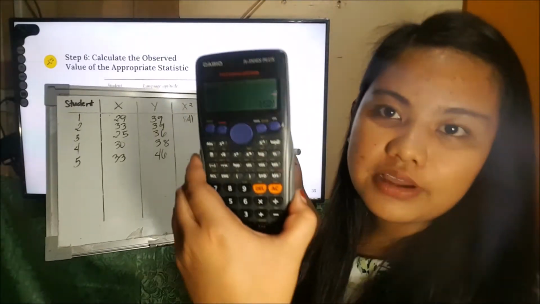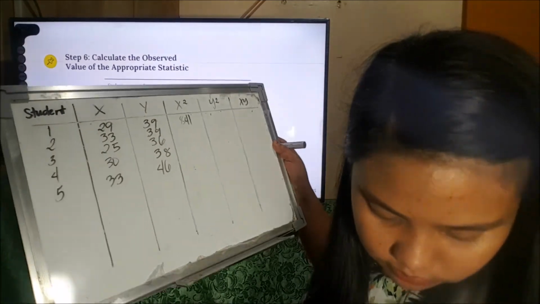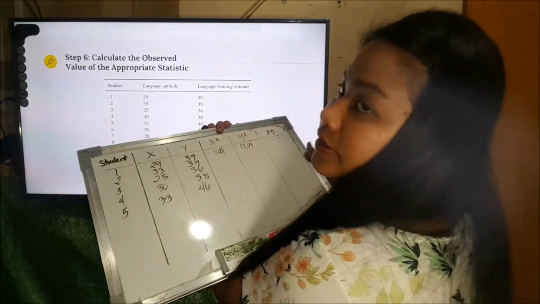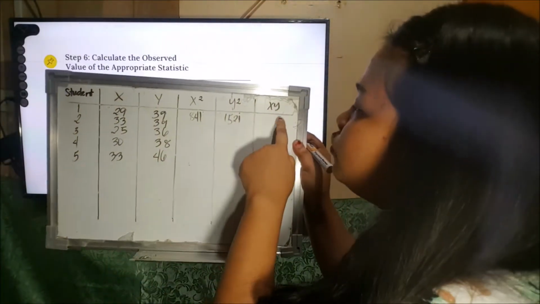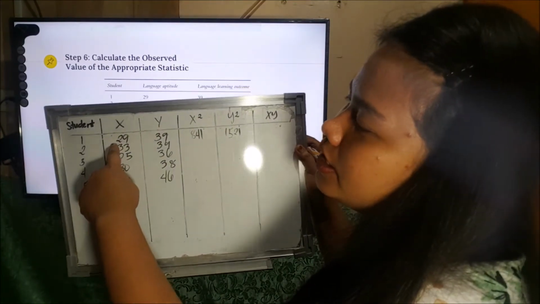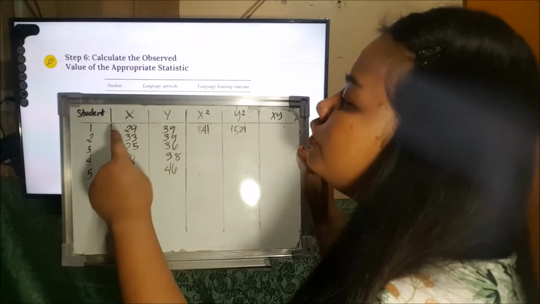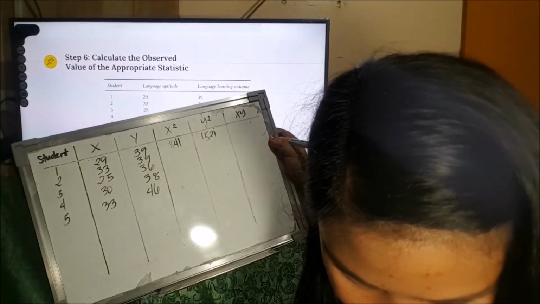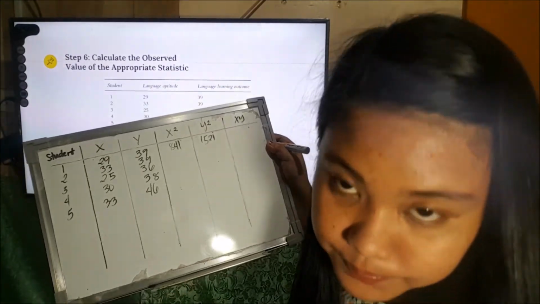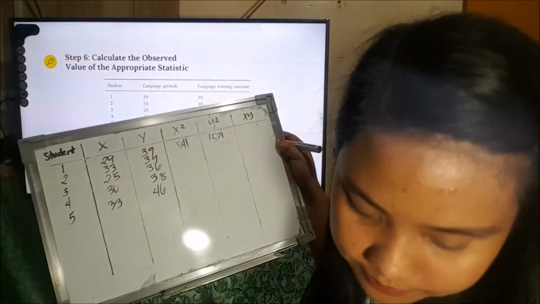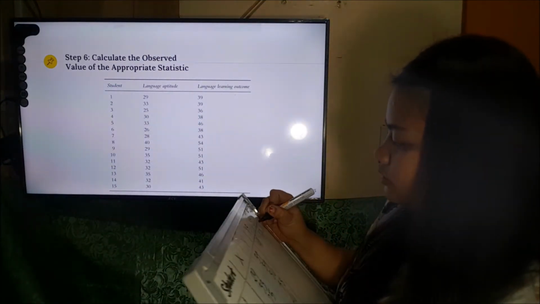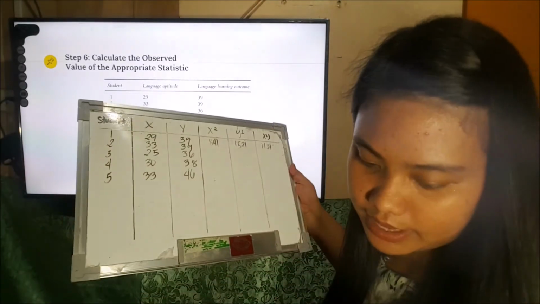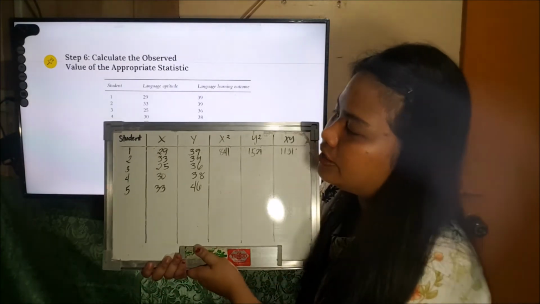The answer is 1521. And for the last column, xy, we just have to multiply the value here with the value in this column. So 29 times 39 equals 1131. Okay? So we just have to continue that process with the other data.